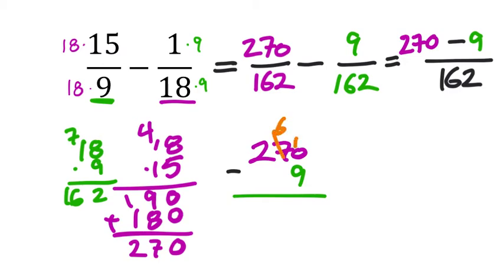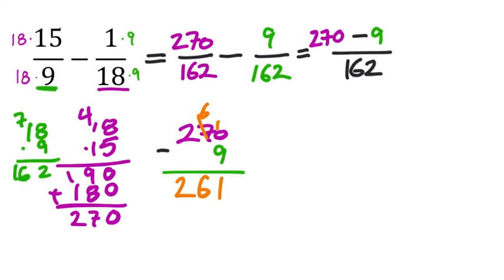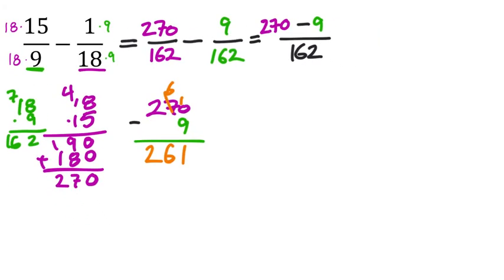Make that 10 minus 9 is 1. So I'll drop the 6, drop the 2. 261 is our new numerator. Let's make some space here. We're going to need some. And so in the numerator, I get 261 from the subtraction, all over 162.